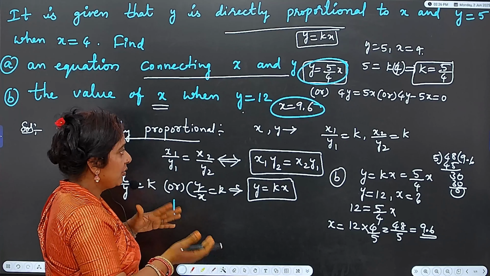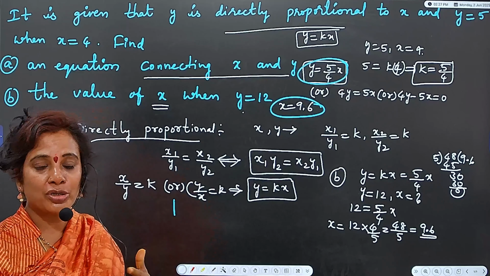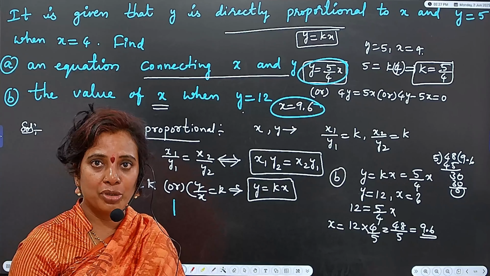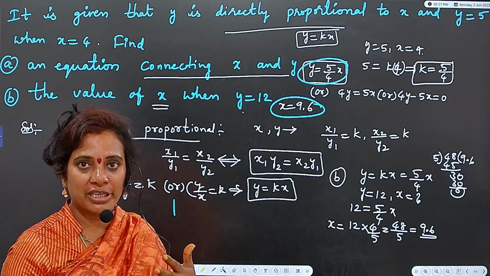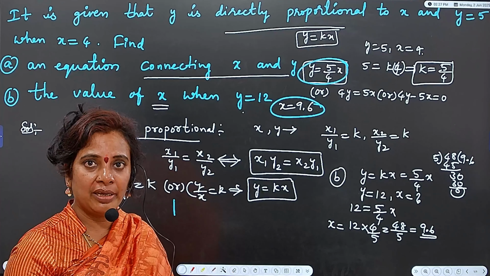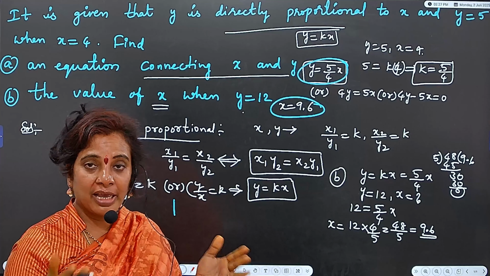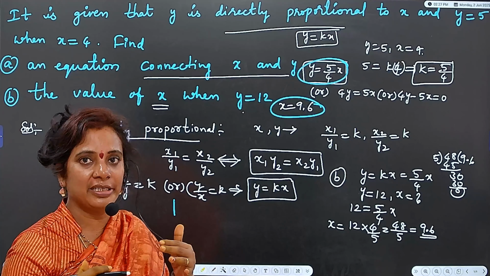Here is the relation of two objects, which can be anything. Two variables, for example: suppose we buy 10 books, what is the cost? If the cost of one book is 10 rupees and the total cost is 120, how many books did we purchase? When we increase the number of books, the cost also increases.